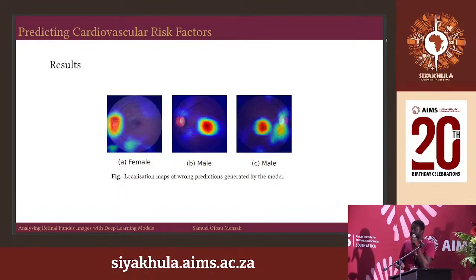And in this case as well, the ground truth is male, but it predicted them as female, and we see that it's looking at either the fovea or the fovea and the optic disc at the same time.